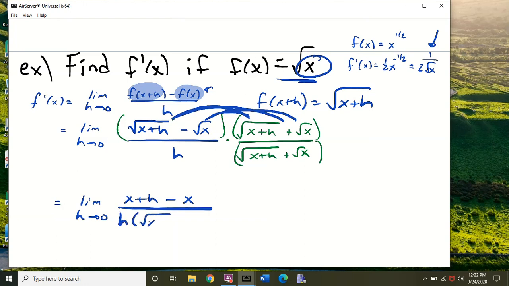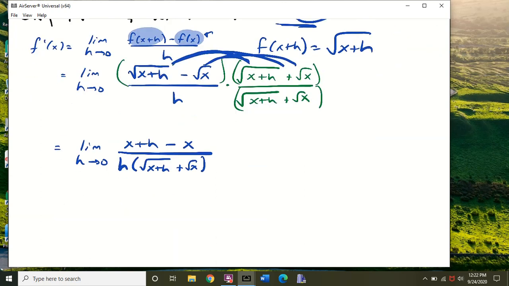I'm not going to distribute that out because I anticipate some cancellation occurring here, okay? So there's that. The x's in the numerator cancel. I'm now left with h over h times this quantity. The h's cancel, leaving me with a 1 in my numerator. So if I clean this up just a little bit, we're now looking at something like this.